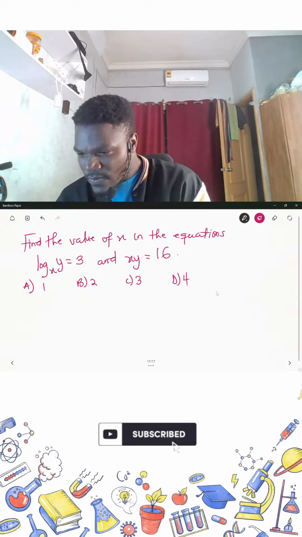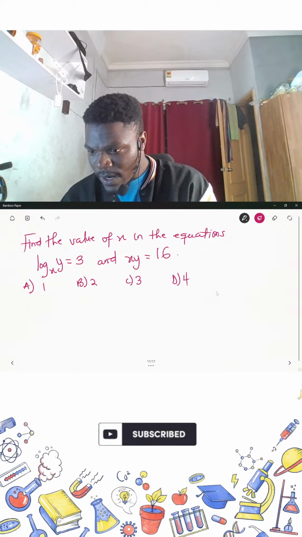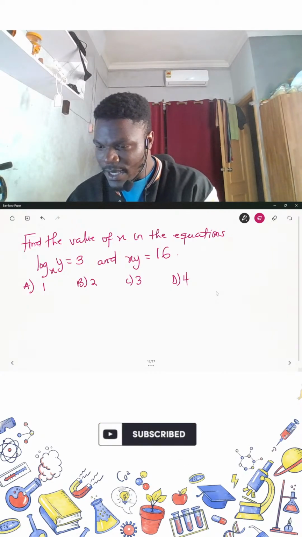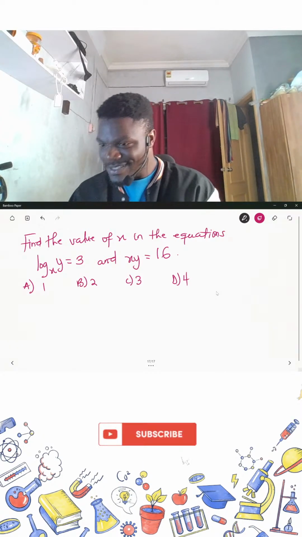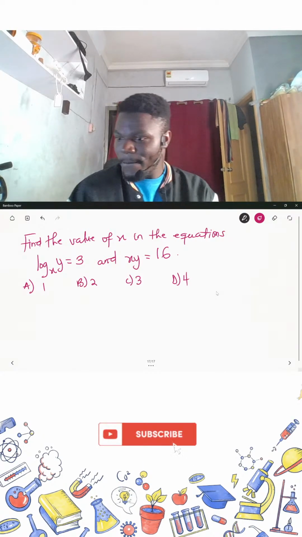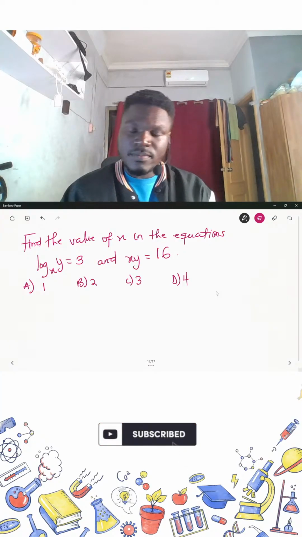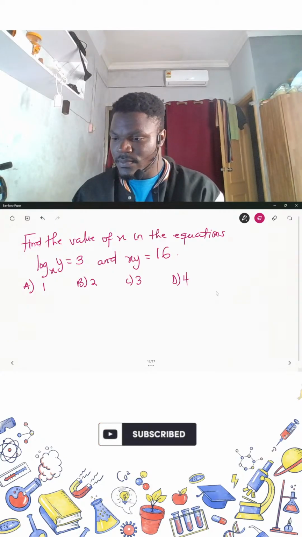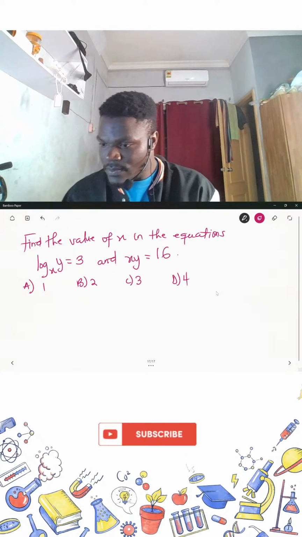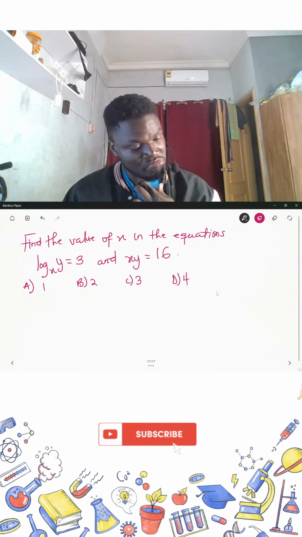Okay, so Vishal is saying 2. Okay. Suleiman and Colina, can you guys solve this, or we should look at it together? Colina is saying 4. Okay. Let's see.